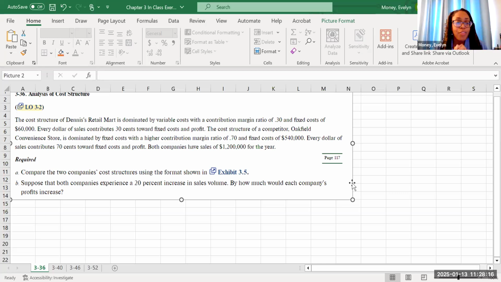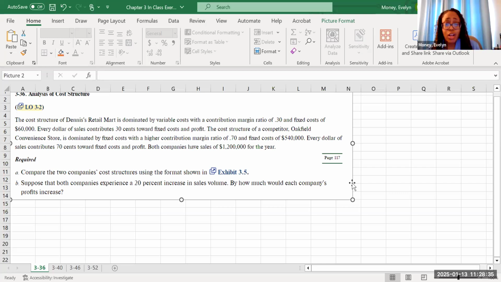So in this example, we have the cost structure of Dennis Retail Mart, and it's dominated by variable costs with a contribution margin ratio of 30% and fixed costs of $60,000. Every dollar of sales contributes 30 cents towards fixed costs and profit.